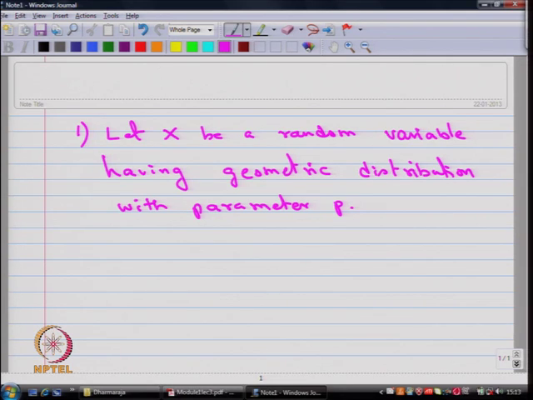Our interest is to prove that the probability of X equal to n plus k given X takes a value greater than n is the same as the probability that X takes the value k, for every integers n and k.